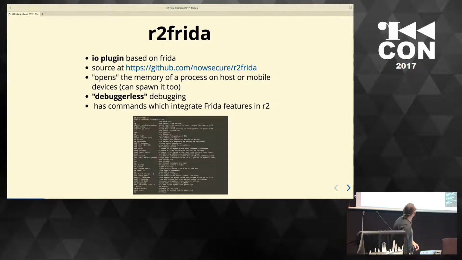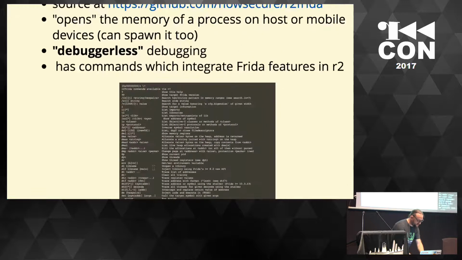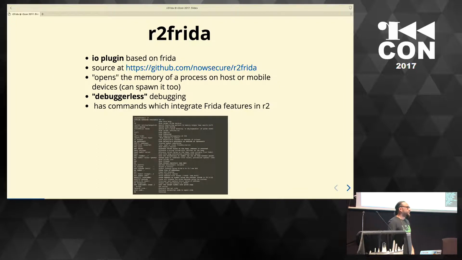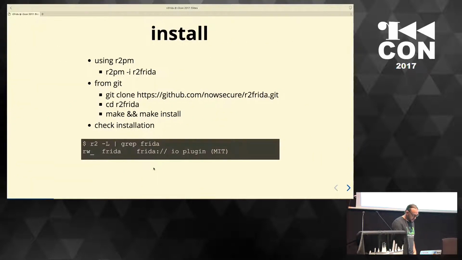But it also provides this long list of commands, which we're going through now, to provide more features to r2, leveraging the Frida functionalities. Basically, all these features are aimed at debugging the application without a debugger, so it's scriptable and also more stealthy than normal debugging. You can install it using r2pm or just clone it from Git.